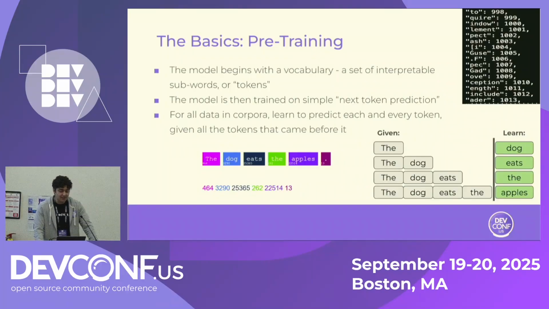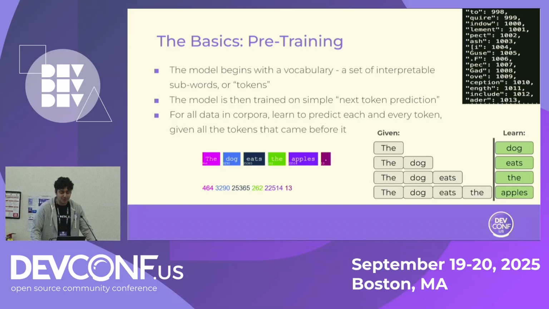When we pre-train a language model, the task we're focused on is simple next token prediction. So what that means is for all of the data that we have across our vast corpora, we just want to learn to predict each and every token given all the tokens that came before it. So looking at the example, let's say we have the sentence, "The dog eats the apples," in our data set. That's going to be translated into tokens. Now, in this case, it's pretty clean.